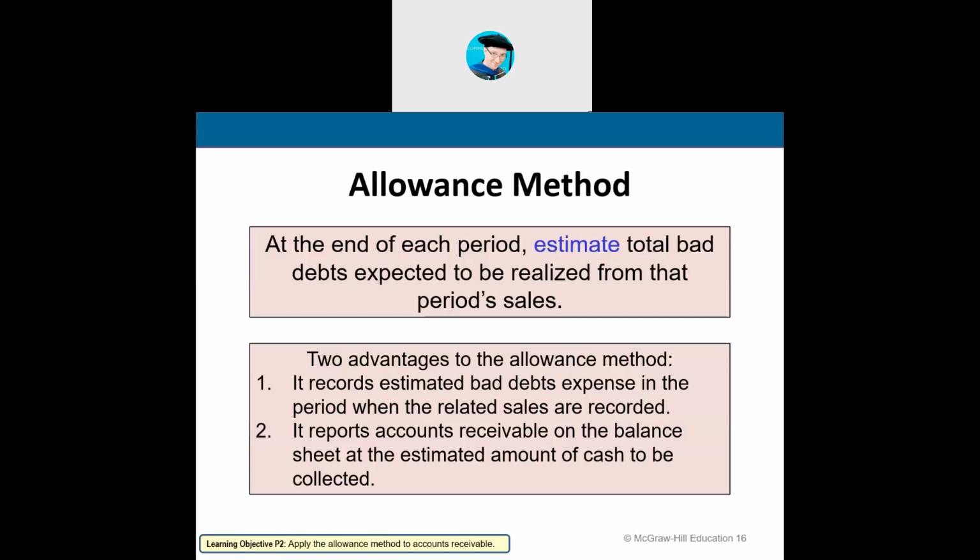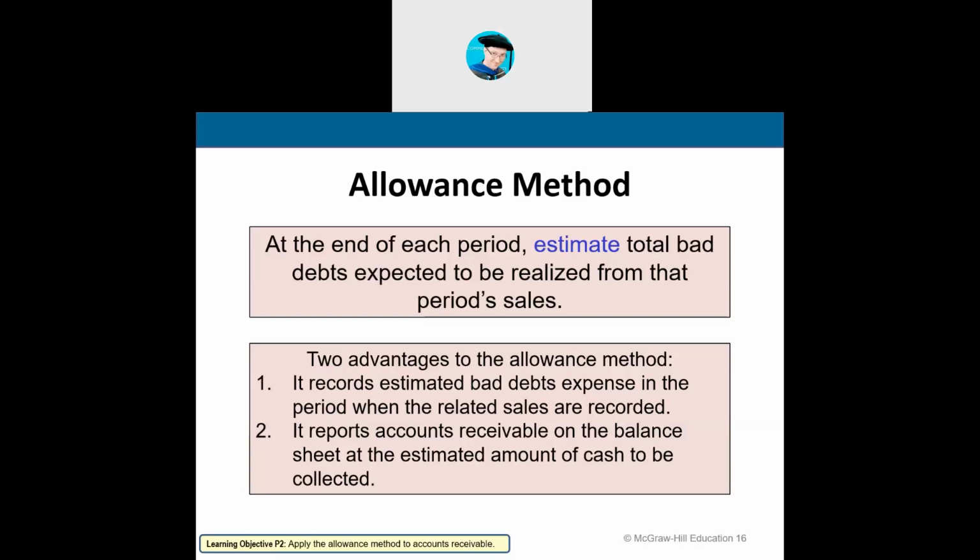So places like Home Depot, Lowe's, Macy's, Bloomingdale's, Victoria's Secret. You guys threw great examples at me. All of these companies typically use what we call the allowance method, where they'll estimate the amount that will be recorded as bad debt expense. It's usually like 1% of sales, 2% of sales, 3% of sales.